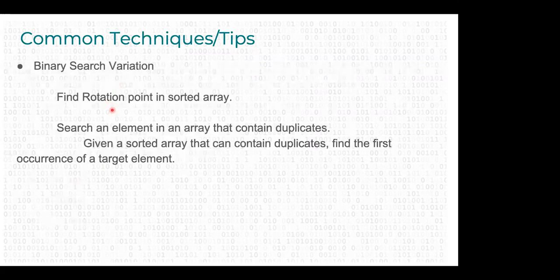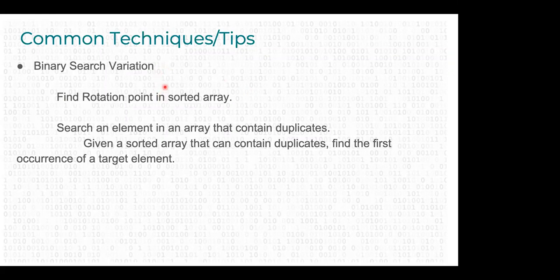And yeah, the last thing I wanted to share is the variation of the binary search. There are two variations while doing a binary search. One is finding a rotation point in a sorted array. I think this is one of the commonly asked interview questions. So you have an array that's sorted but rotated, and you have to find the rotation point. Binary search could be used.